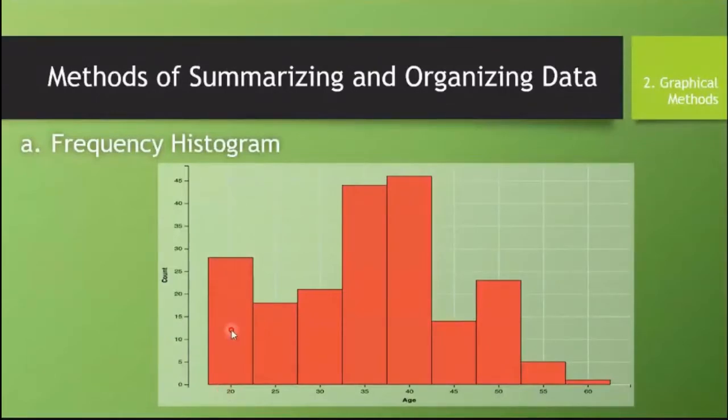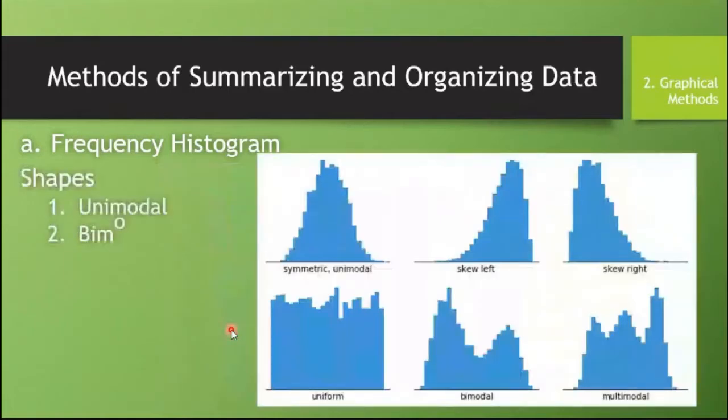Now there are different shapes of histogram. You have unimodal, bimodal, and multimodal frequency histograms. The modal here refers to the peaks, the peak of a histogram. For a unimodal frequency histogram, we only have one peak.